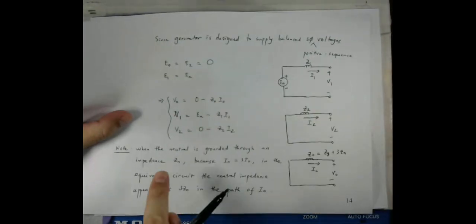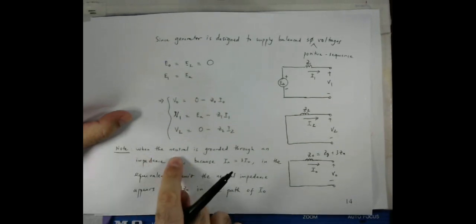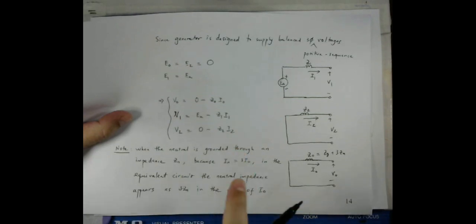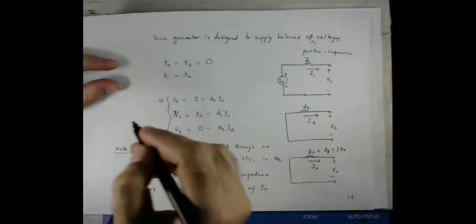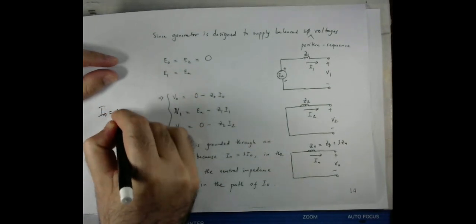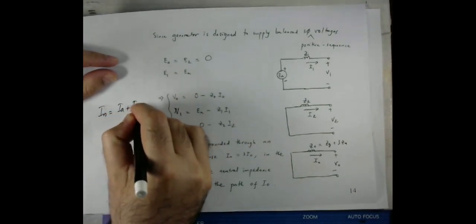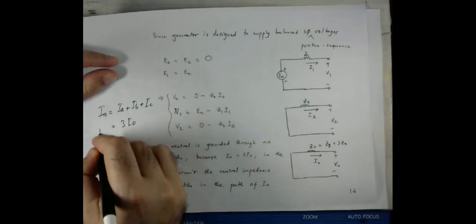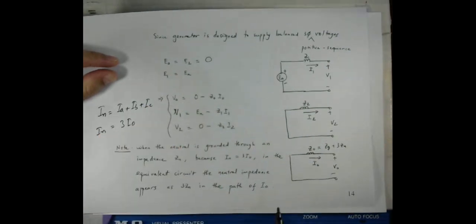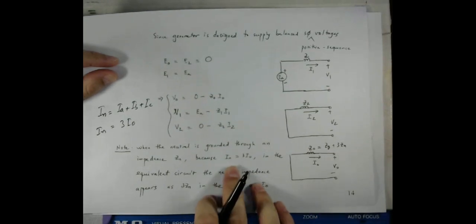Note that when the neutral is grounded through an impedance Zn, as we have already discussed, In is equal to IA plus IB plus IC, which is also equal to 3 I naught.